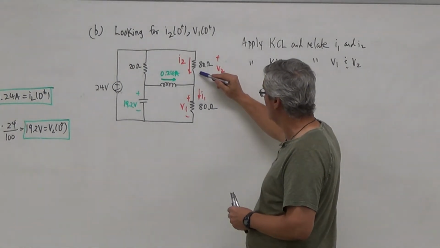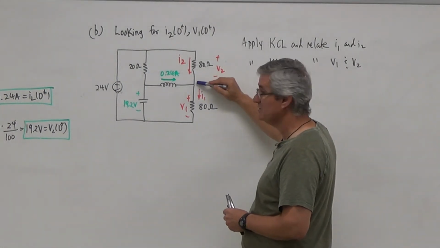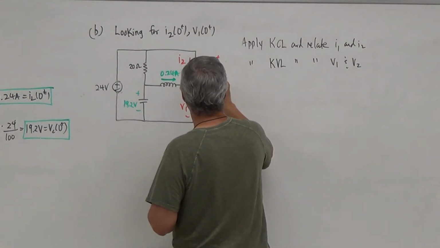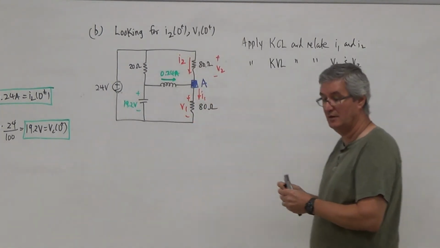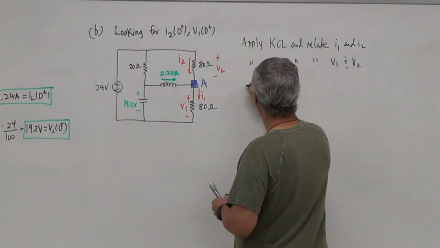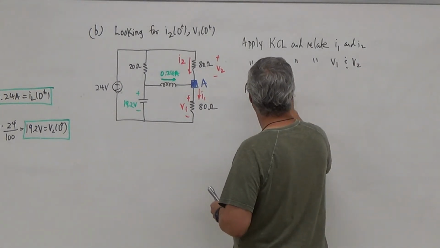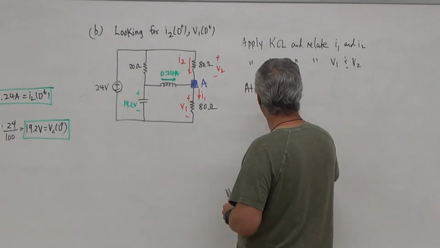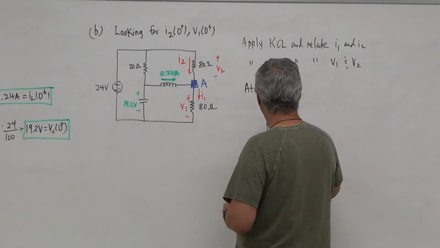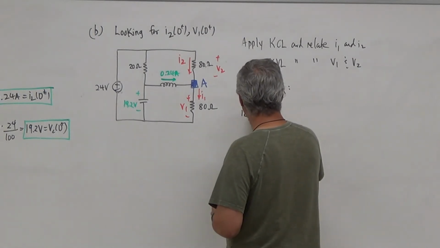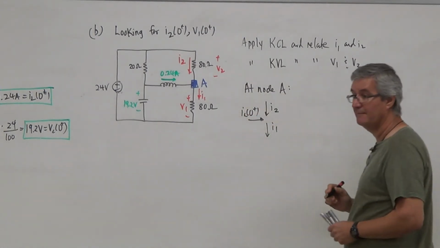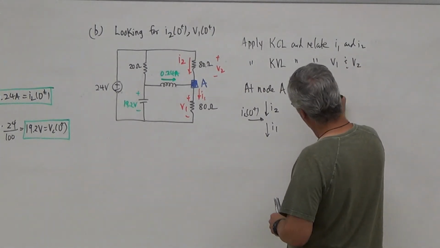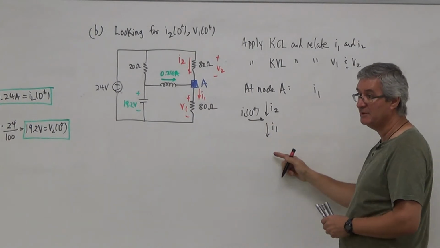Let's call it node A. At node A, the currents coming in have to be the currents coming out, so I get I2, I1, and the inductor current at 0 plus.